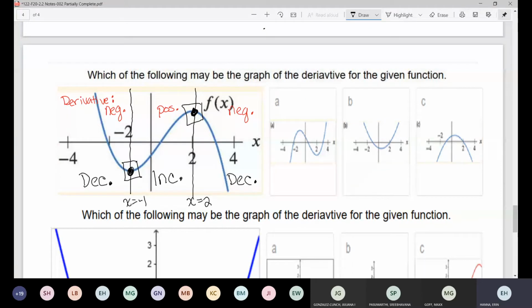So out of those options, the first thing I want to look at is how many times do they cross the x-axis, and do they cross the x-axis in the right spots? Option A crosses the x-axis 3 times. That's out of the running. So that's the first thing you should look at. How many maxes or mins do you have? That'll tell you how many times it should cross the x-axis. If you have any that cross too many times, get rid of it.